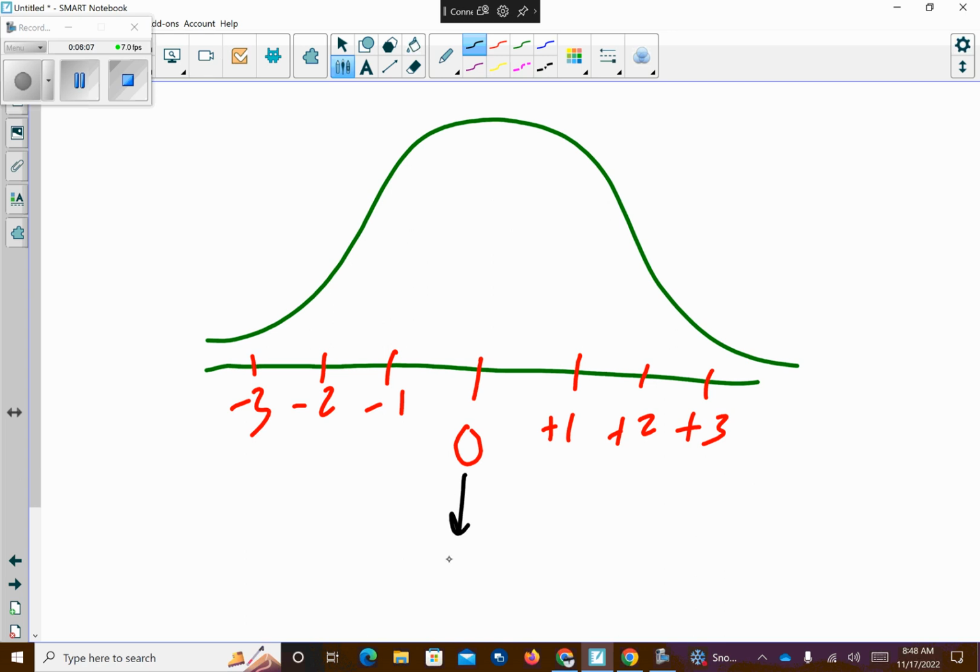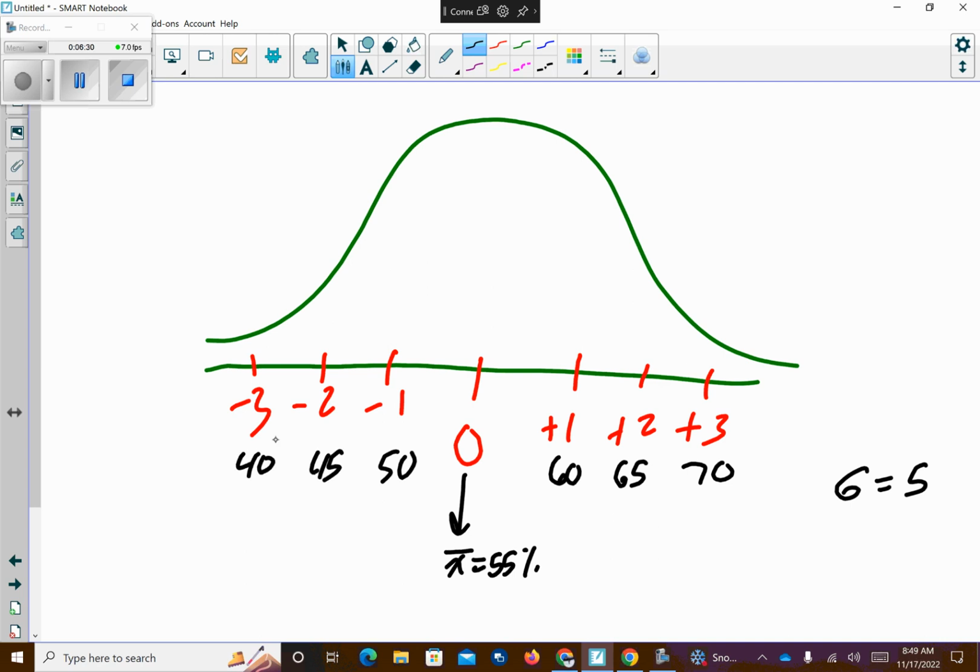If we have an actual mean that's given, and if you knew the standard deviation was, say, 5, you could say that these are then 60, 65, 70, and you could have 50, 45, and 40. So those are just a few things that are available in that situation.